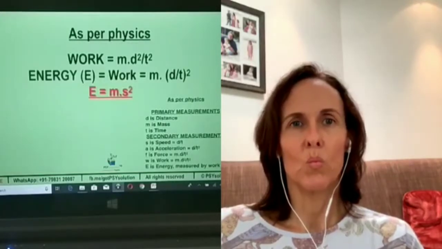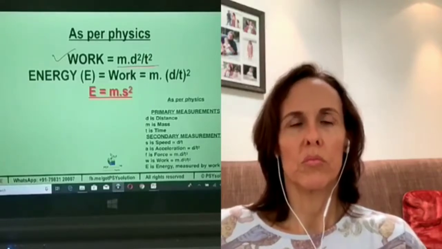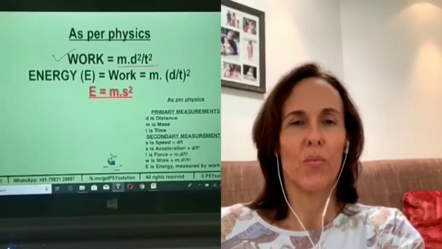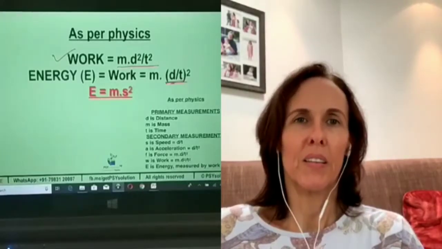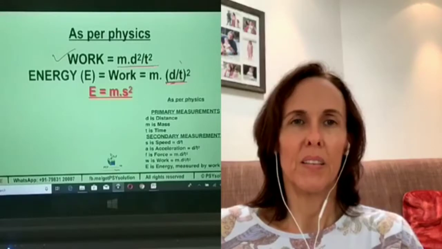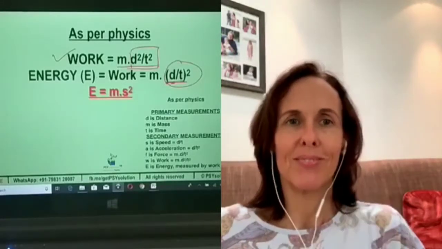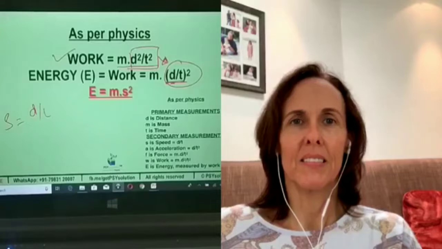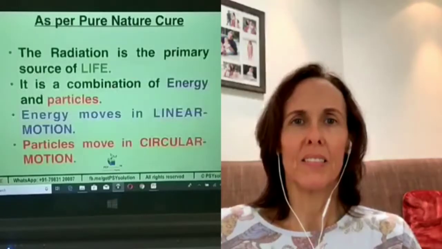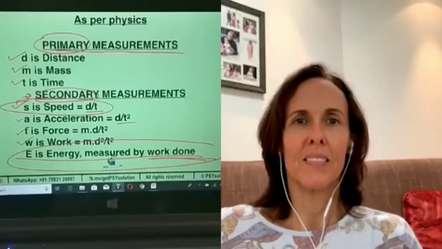Now, since the work is m into d square upon t square, we can just club d and t and convert this into m into d upon t whole square. So this d square upon t square is converted into d upon t whole square, and d upon t is nothing but speed. If you remember in the previous slide, we understood speed is d upon t.